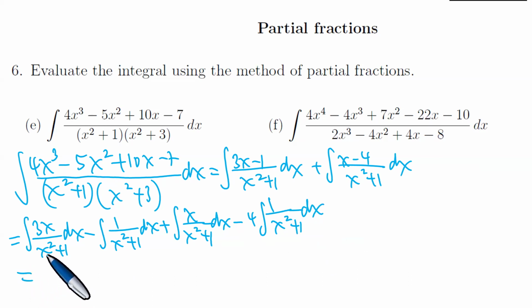Okay, now the derivative of x squared becomes 2x. So you'd have this one, you want it to be 2, so you'd have 3 over 2 times the integral of 2x over x squared plus 1 dx. Now the integral of this one is arctan, so let's leave it for now.